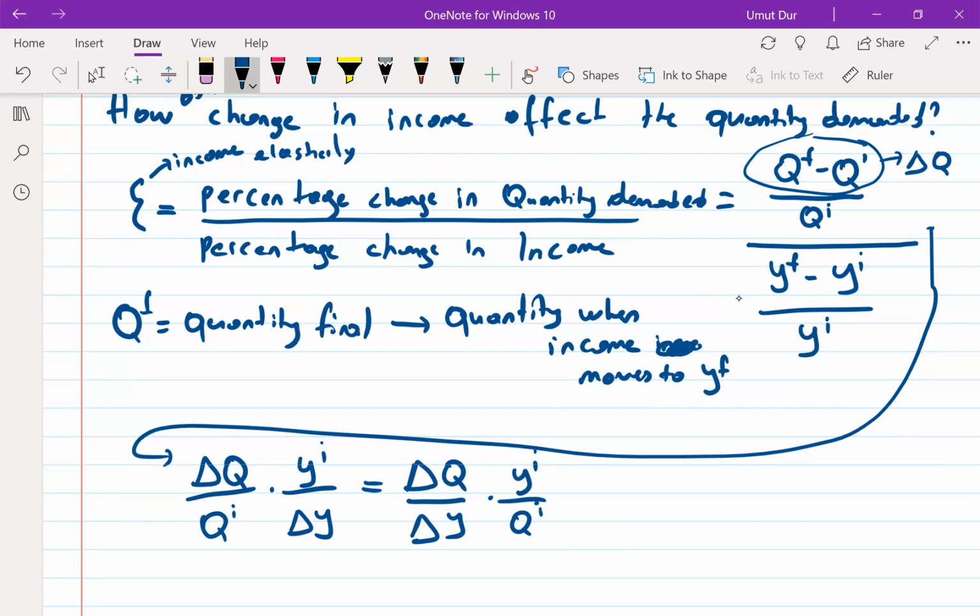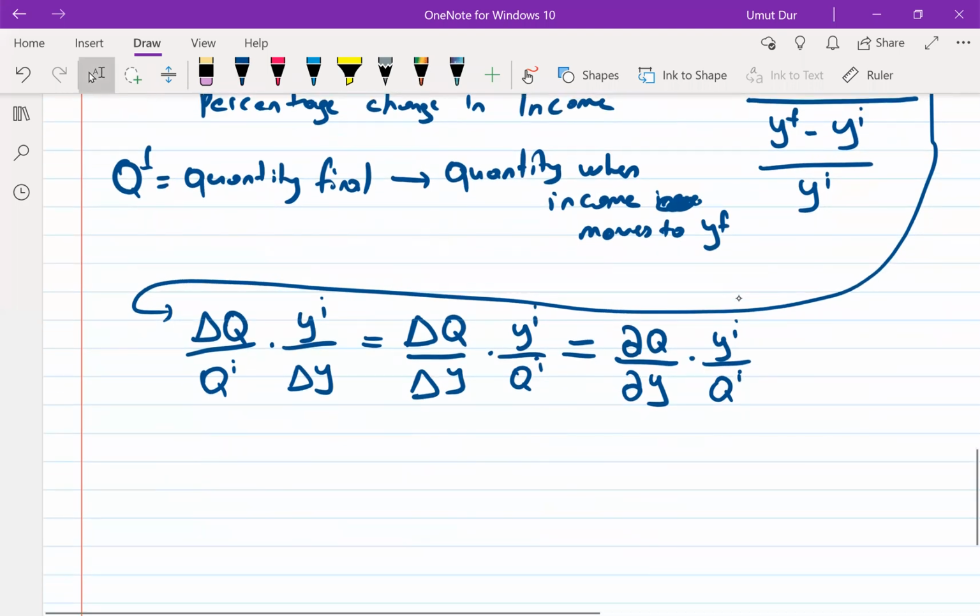Using derivatives, it is the derivative of the demand function with respect to income, times the income level we are interested in, divided by the corresponding quantity level.